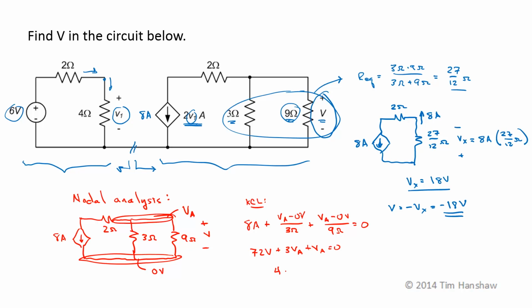So 4 VA is equal to minus 72 volts, and VA, 72 over 4 is 18, is minus 18 volts, and I get the same answer as I got before, which is pretty comforting because it shouldn't matter how I analyze the circuit as long as I don't analyze it wrong.